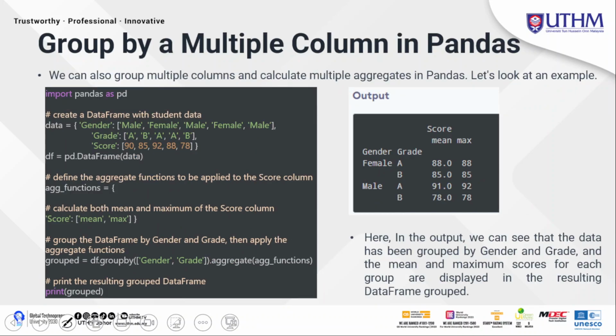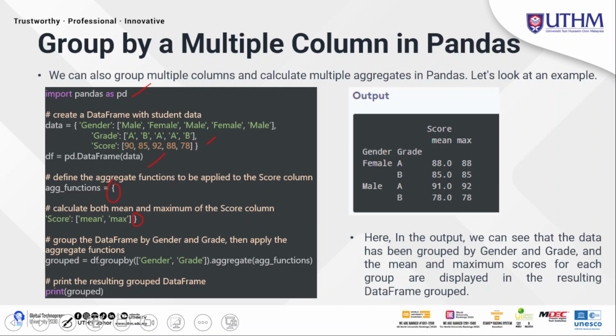Group by multiple columns in pandas. As usual, we import pandas, create data in the data frame, and the aggregate functions as usual. It starts here and finishes over here. So we calculate both mean and maximum value.